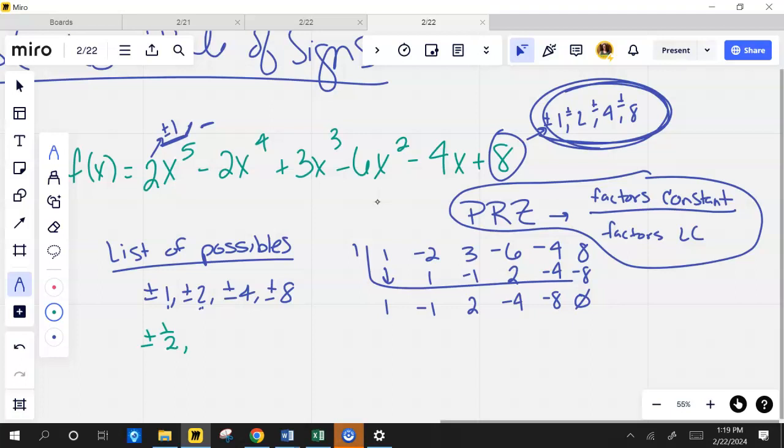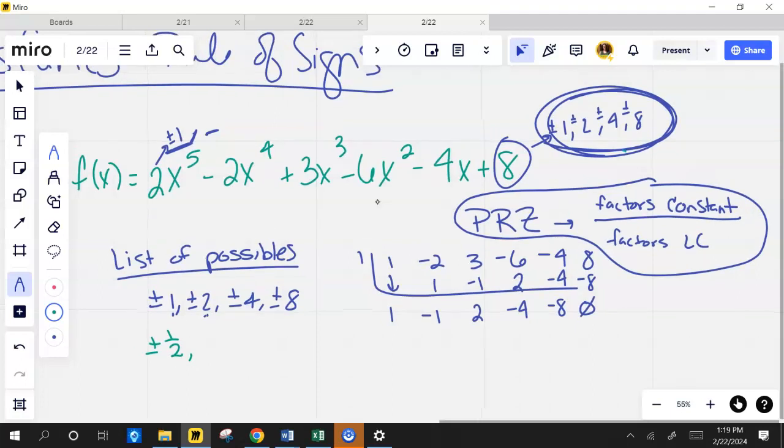What are you confused about? So you get the list of possibles. And then you take that list and you divide them by every factor of the leading coefficient.